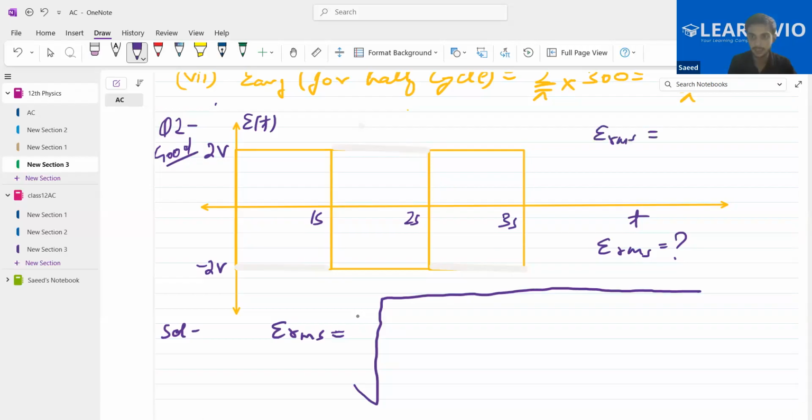ERMS is under root of E of t whole square into dt divided by dt, from time 0 to t, and this is also integrating from time 0 to t. Yes or no?